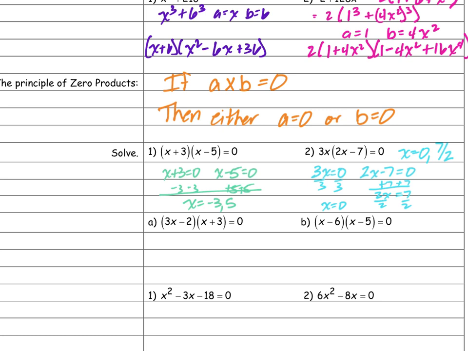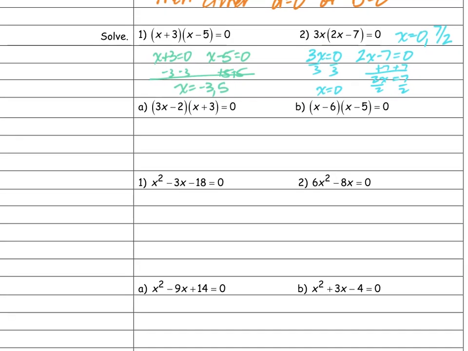So for a, I would say 3x minus 2 equals 0, and x plus 3 equals 0. Solve for x, so I'm going to add 2, and I get 3x equals 2, divide by 3, and then subtract 3, and I get x equals 2/3 and negative 3.